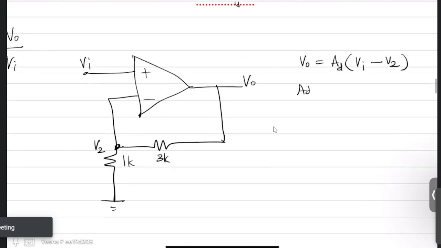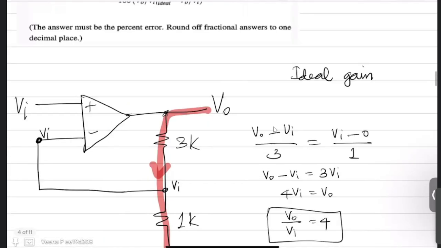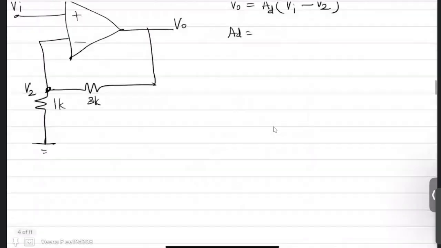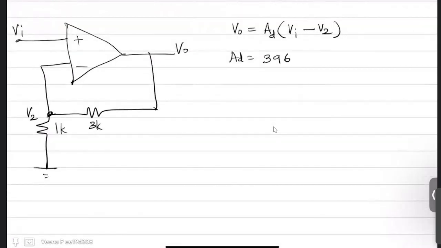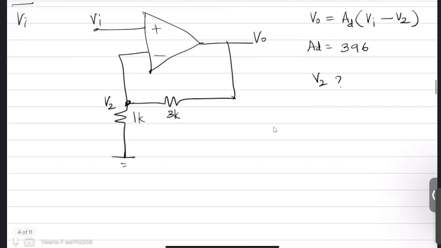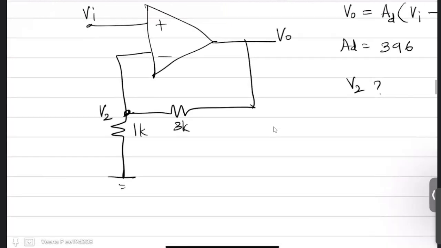Now AD is already given in the question. AD is 396. Now you have to find what is V2. V2 we don't know. Now you have to express V2 in terms of V0 or Vin. Now you see, even though you are not applying the virtual ground concept, you can still say that the current entering is very much less.